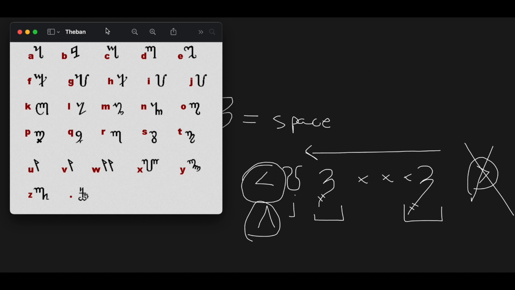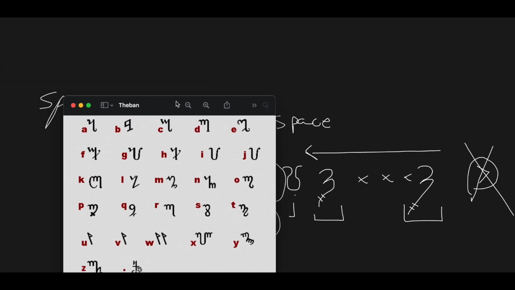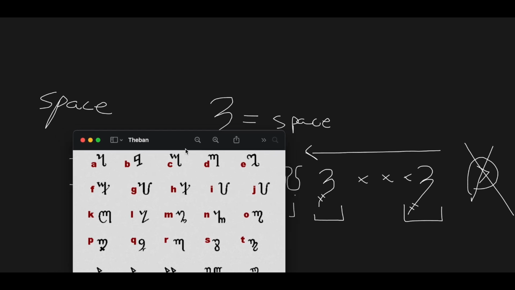Now, something that you may find is that some of these may not look exactly the way that they do on the chart. For instance, if you look at my J here, you would find that that J doesn't look exactly like this, and that's fine.